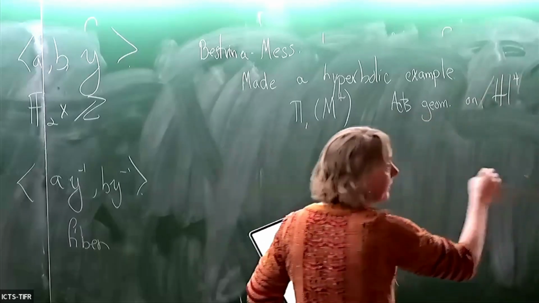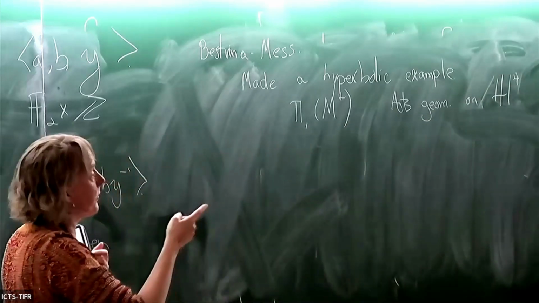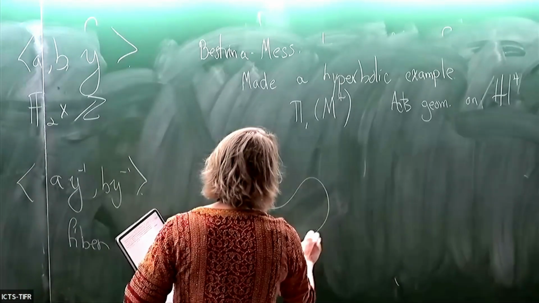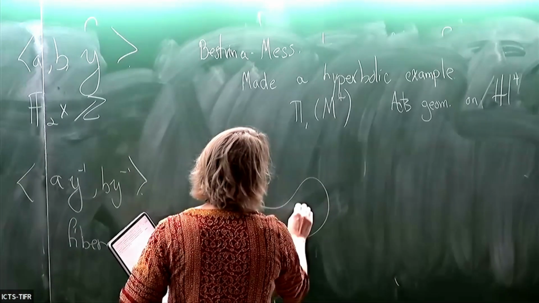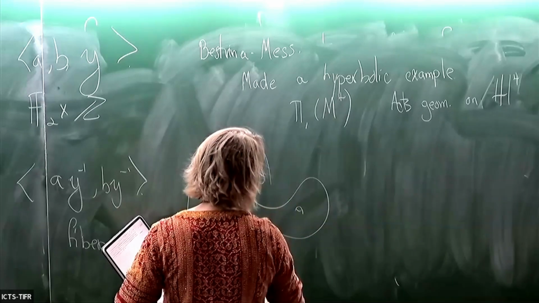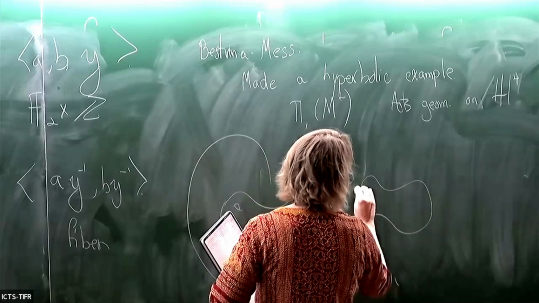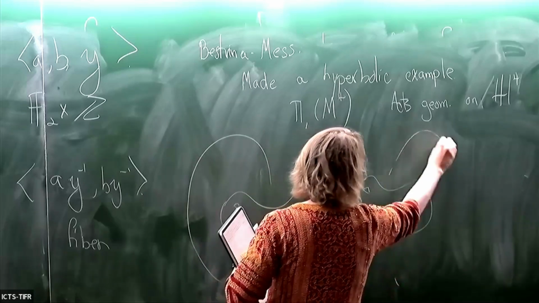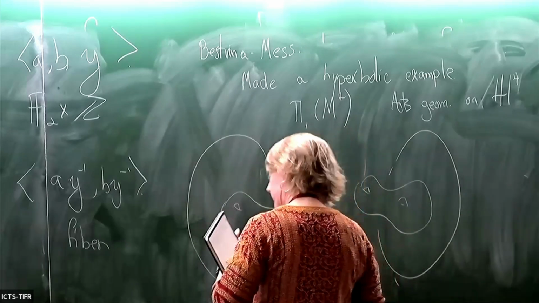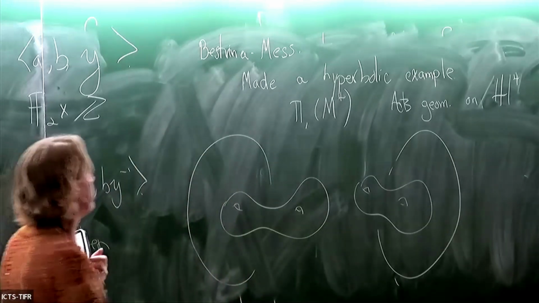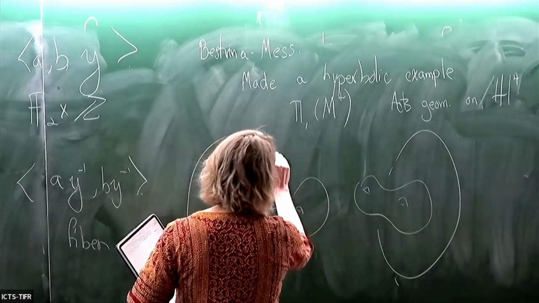Remember I said all hyperbolic 3-manifold groups in general are coherent. So you take a fibered 3-manifold and another fibered 3-manifold, and you glue them together, not along a fiber, but along a different surface. They glue them along a totally geodesic surface. You can do it with a fiber too.